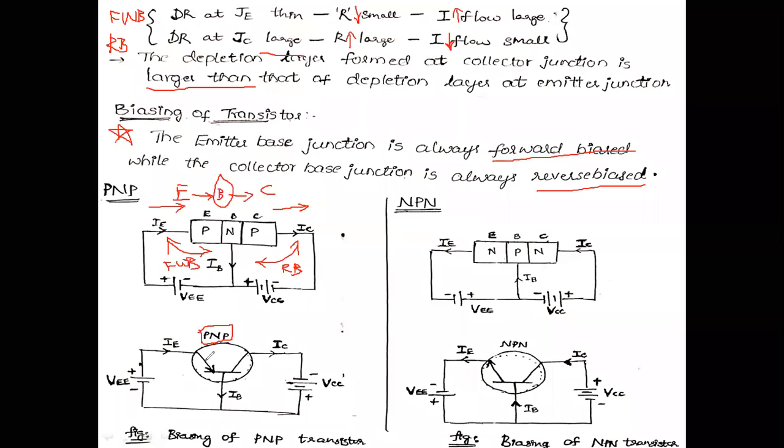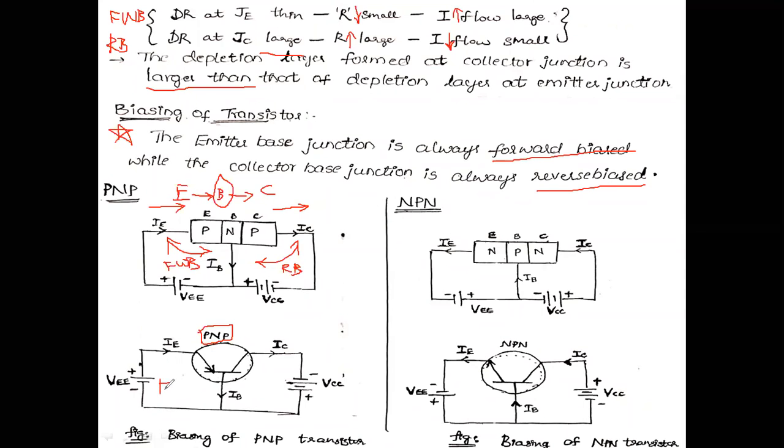We can easily apply it: the middle terminal is the N type, and these two extreme terminals are P type. That means this P type is connected to positive and N type is connected to negative. Similarly, this condition is known as forward bias condition. This N type is connected to positive and P type is connected to negative, then it is in reverse bias condition.